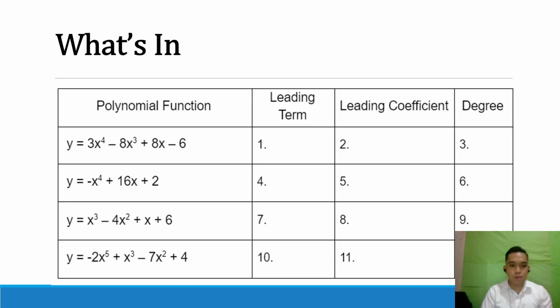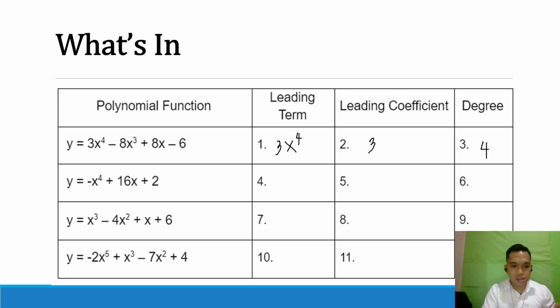Number one, we have y equals 3x raised to 4 minus 8x cubed plus 8x minus 6. So the leading term here is 3x raised to 4, and the leading coefficient is 3. And the degree is 4.